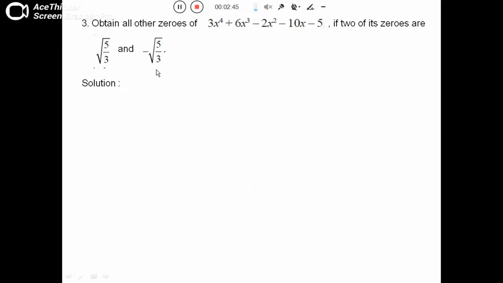As these 2 zeros are given, we have to take these 2 zeros as the values of this variable.